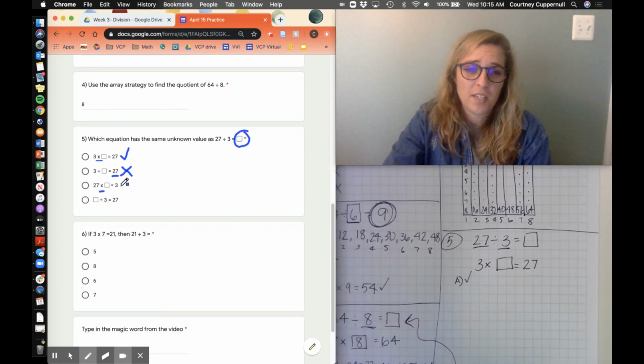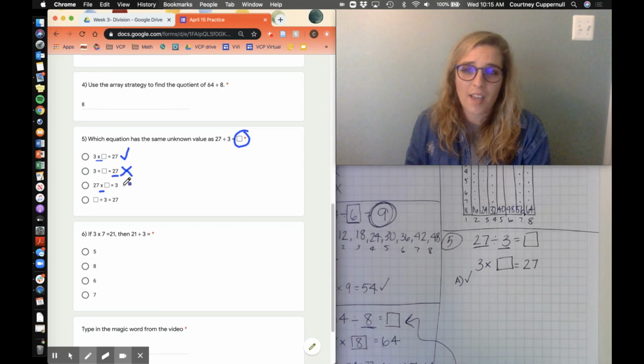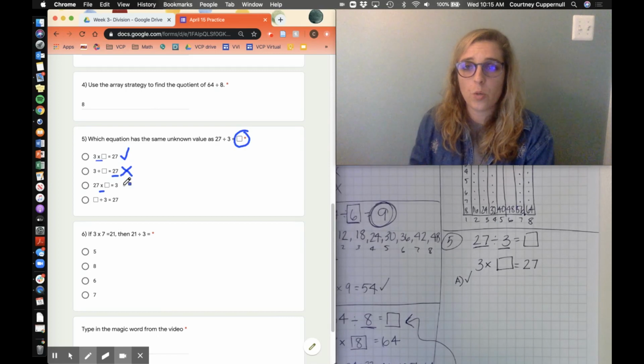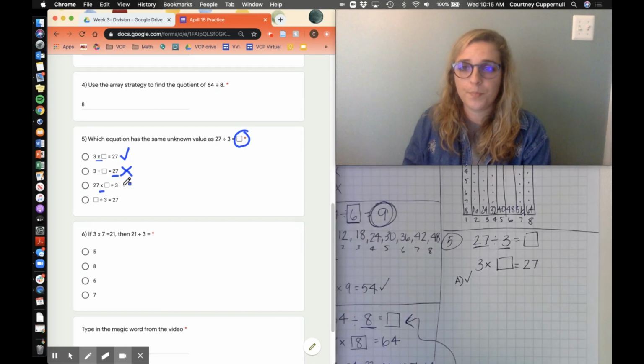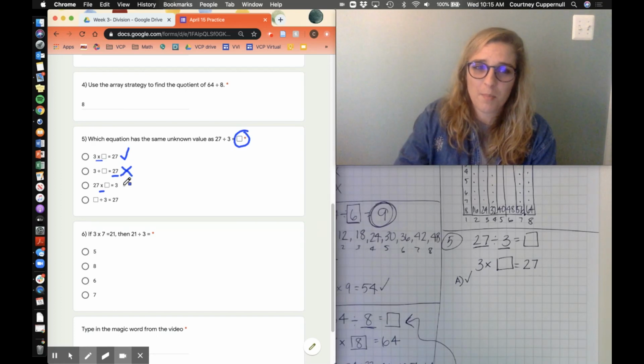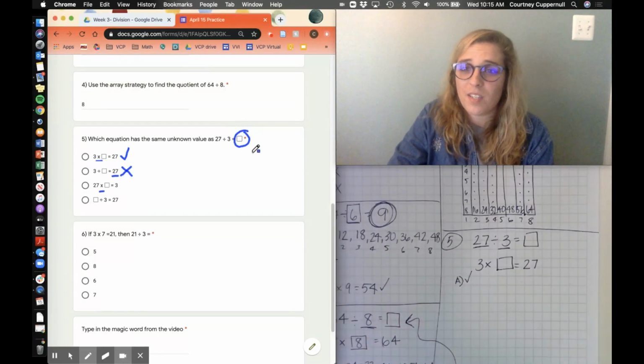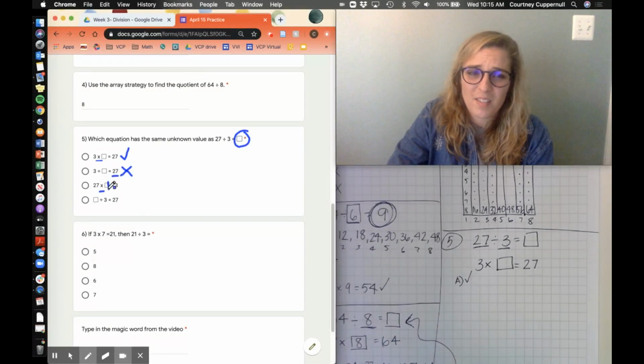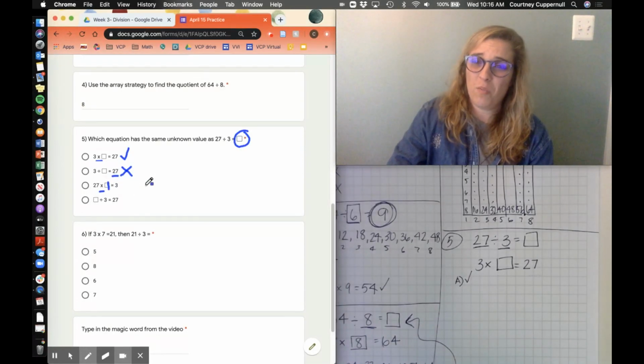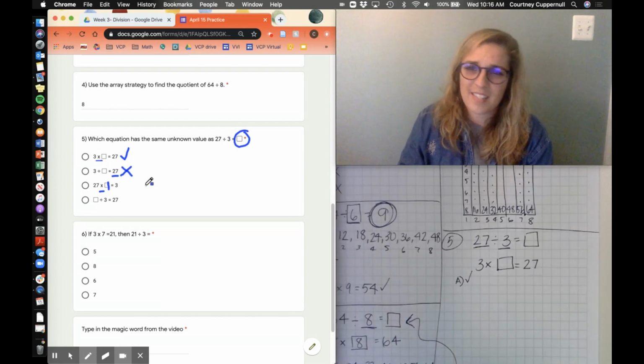All right, let's look at this next answer choice. 27 groups of something equals 3. I don't know about that one because I'm thinking to myself, this number here is definitely going to be a whole number. Even if I put 1 in this box, 27 groups of 1 is 27.